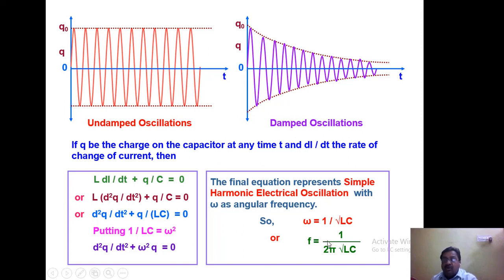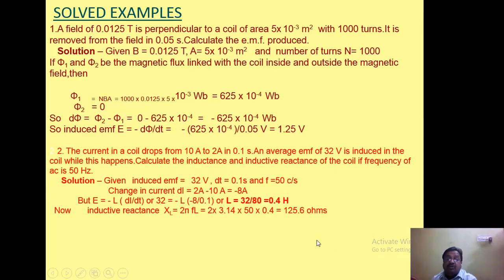And now, based upon the chapters that we have taught, let us solve some numerical problems. One such problem is: a field of 0.125 Tesla is perpendicular to a coil of area 5 into 10 to the power minus 3 meter square with 1000 turns. It is removed from the field in 0.05 second. Calculate the EMF induced.